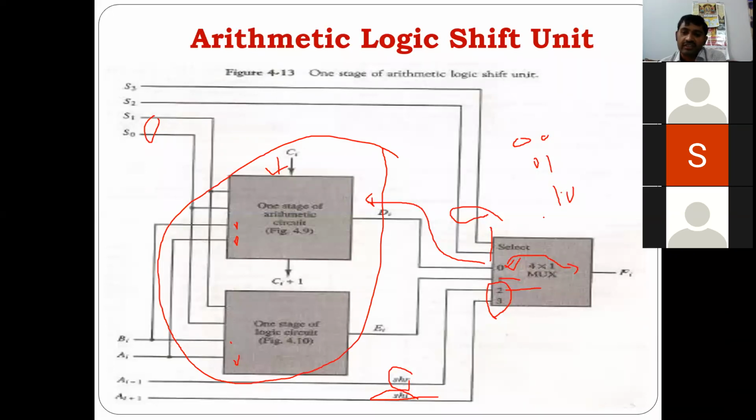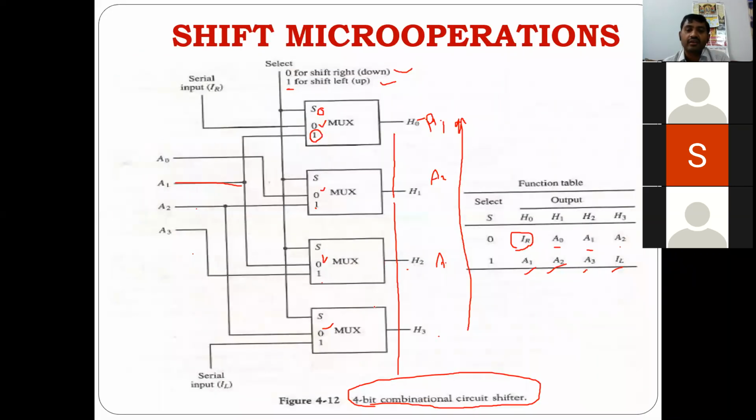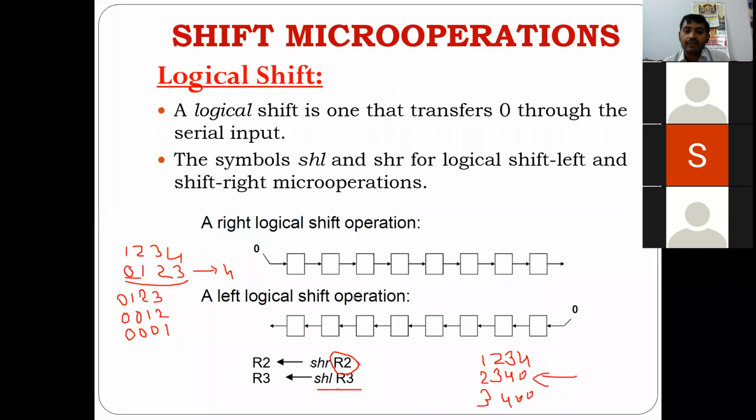So when S3, S2 is 1, 0 and 1, 1, whatever may be the value of S1, S0, and whatever may be the value of carry in, the operation is shift right A, shift left A. SHR means a logical shift right, and logical shift left. So this is about the logical micro operations.